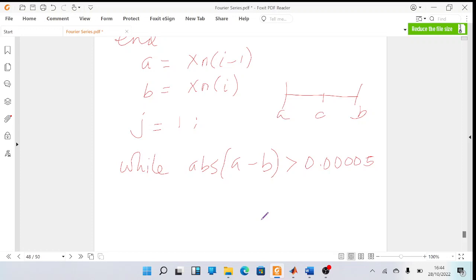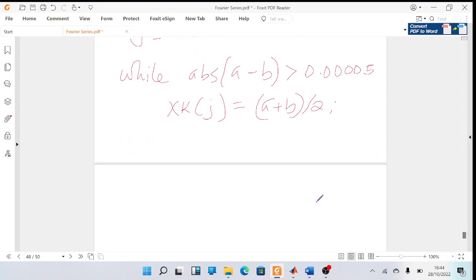Then I'll compute xk, which is now my root, j, which I'll write as a plus b divided by 2. This is the use of bisection, so that when I determine the value of a and the value of b, I compute the root a plus b divided by 2.